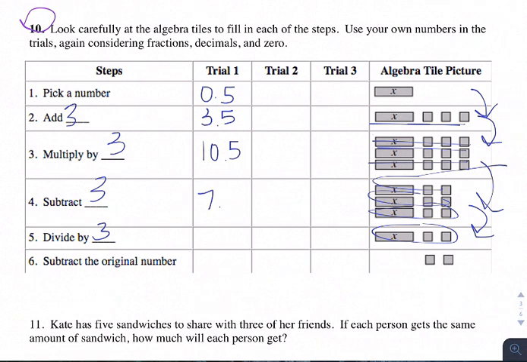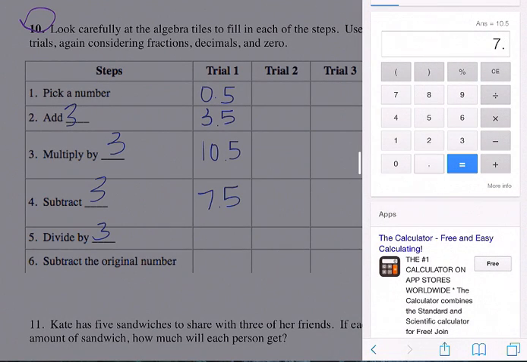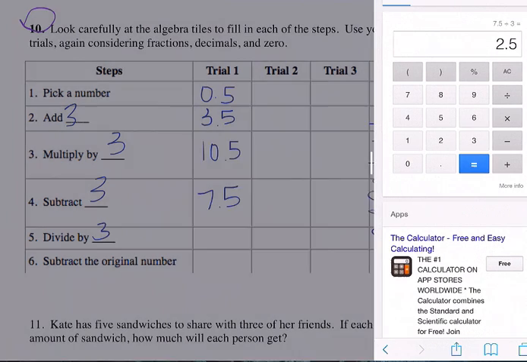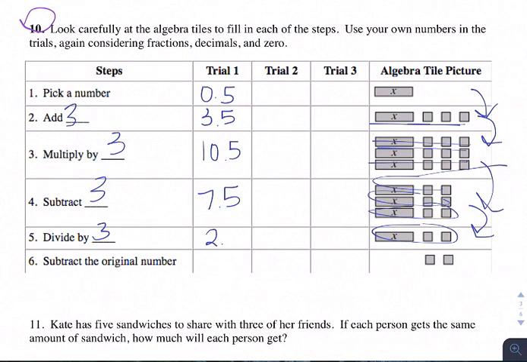Minus 3 would be 7.5. 7.5 divided by 3 is 2.5. And then subtract our original number. We subtract 0.5, we're left with 2, which is what we should have been left with. So you can go ahead and do the other two trials. You can pause and do the other ones.